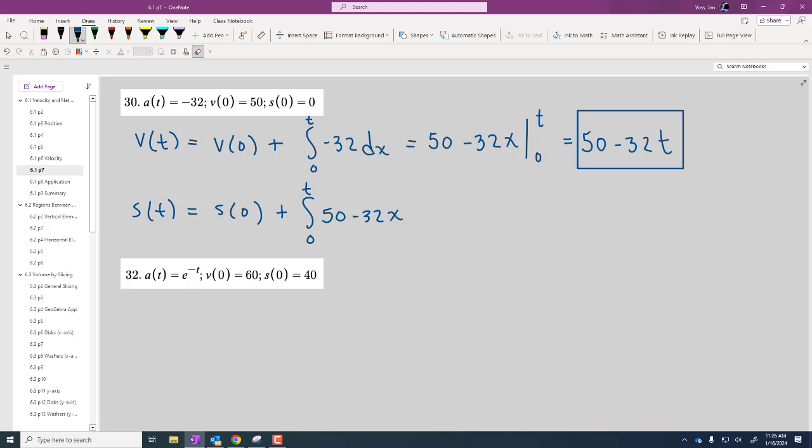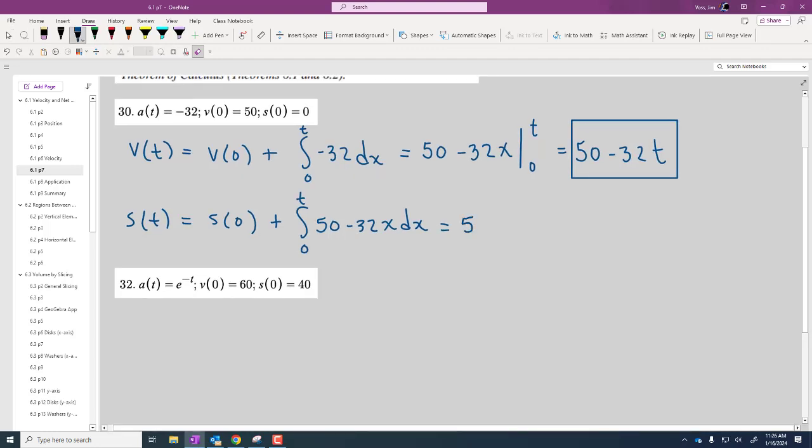Don't want to use a t again, so we're going to use an x. And that'll get us all the way back to position coming from acceleration. Initial position is 0. That's given, so that's a 0. And then we integrate. So we do our power rule. Add 1 to the exponent, divide by the new exponent.